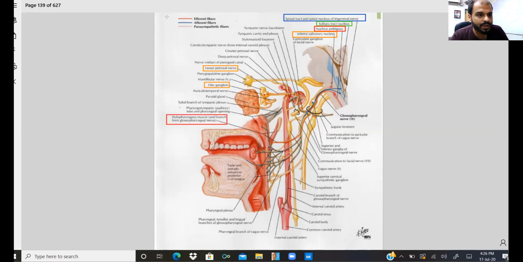Now, the one which we drew in the green color, the solitary tract nucleus, carries taste and general sensations from the posterior one-third of the tongue through this branch, which is the lingual branch, this one. Okay, and the ones in blue, we made the pharyngeal plexus. Where is the label of the pharyngeal plexus? Now look here, this is the pharyngeal plexus. This is the nerve of the pharynx, which is the carotid branch of the glossopharyngeal nerve.